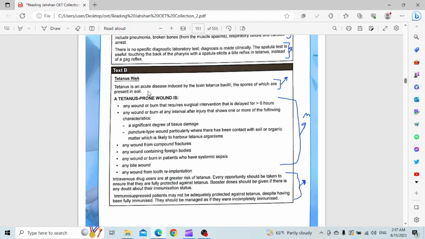Okay, tetanus spores are present in soil. But is there anything other than the soil? No. So I go and skim read. Significant degree, no. Puncture, okay, let's see. Puncture type, particularly with soil or organic matter. So what is the answer? It's organic matter, as simple as that.